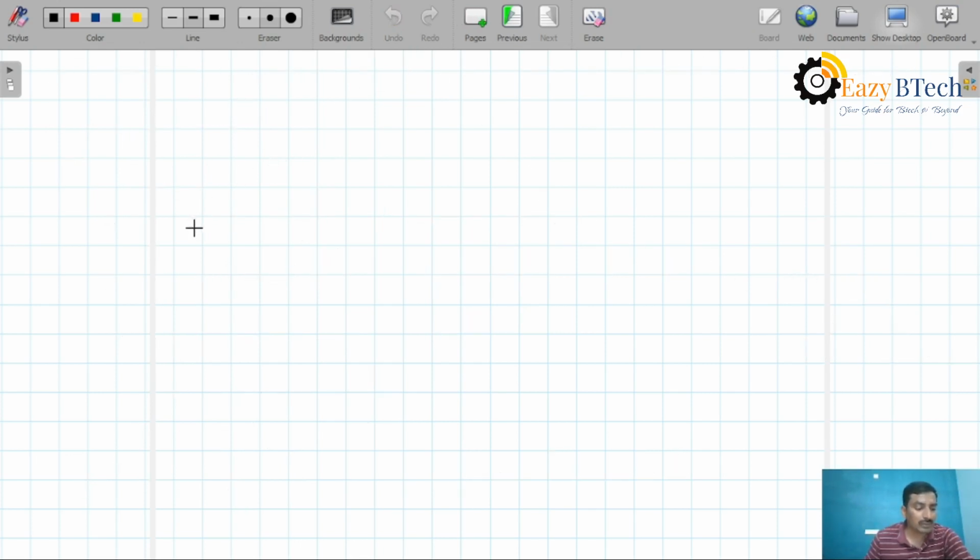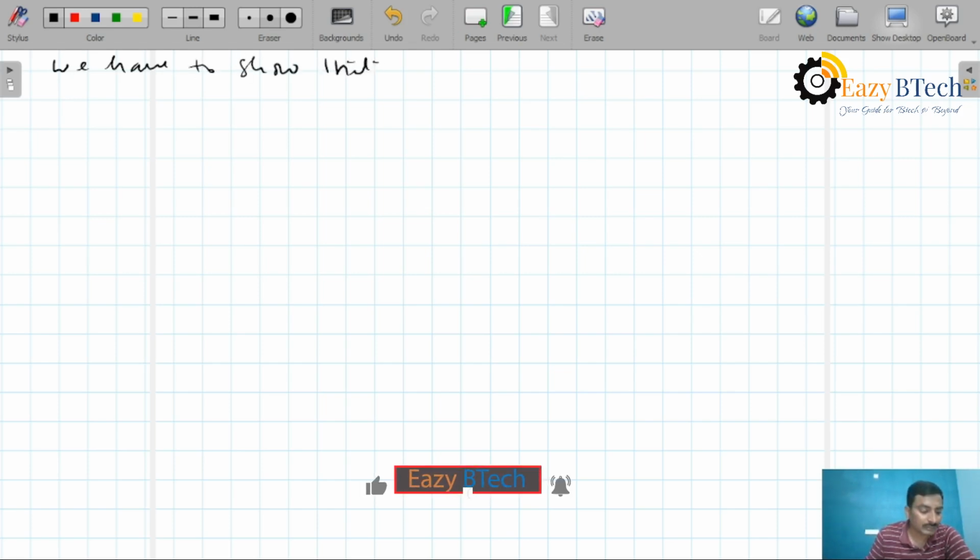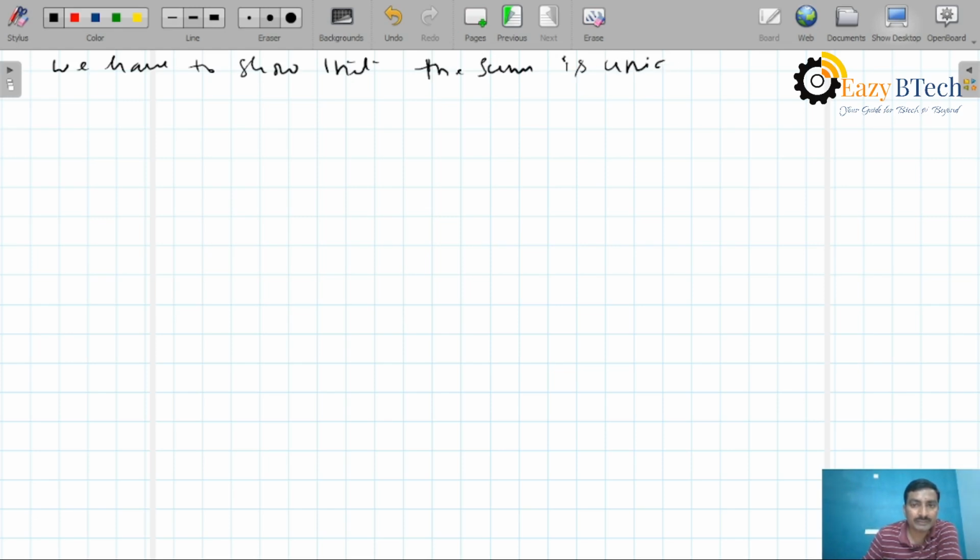Now we have to show that the sum is unique. What is the meaning of the sum being unique?